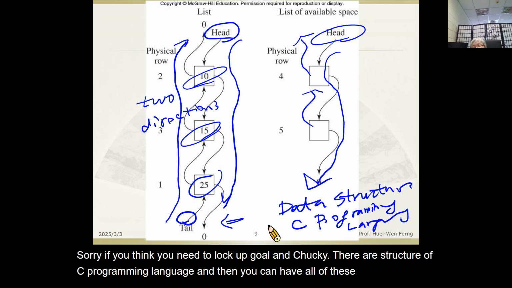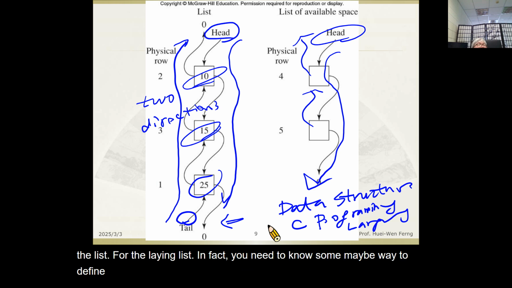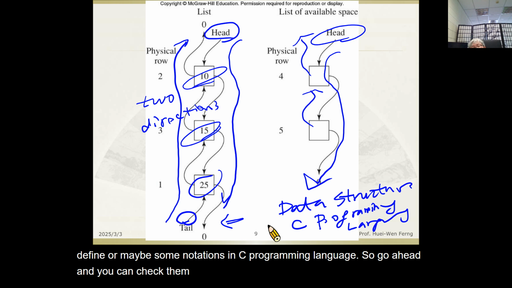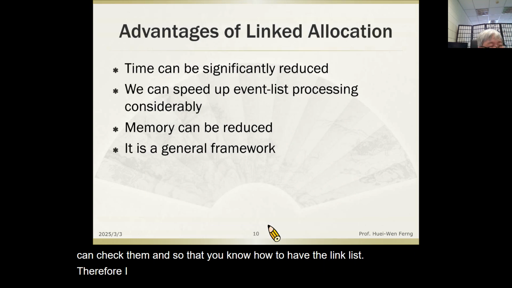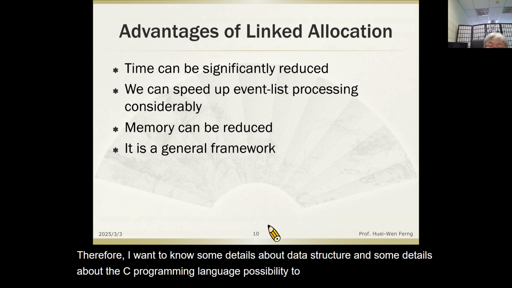Specifically for the linked list, you need to know some ways to define it or some notations in the C programming language. So go ahead and check them, so that you know how to have the linked list. Therefore, I want you to know some details about data structure and the C programming language specifically related to the linked list.